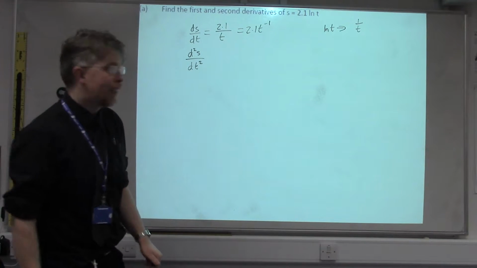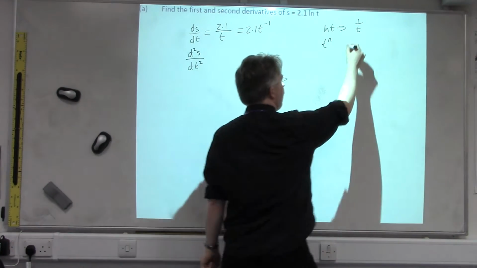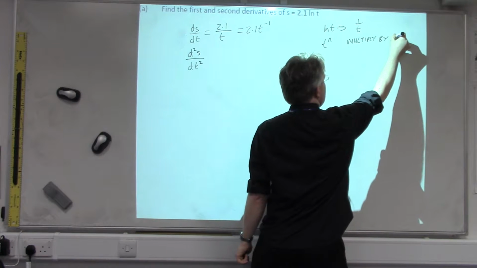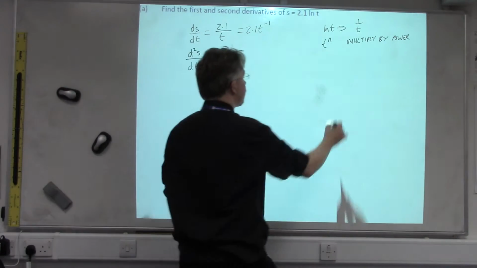Now we've got a t to the n issue there. With t to the power of n, you multiply by the power, and then you reduce the power by 1.